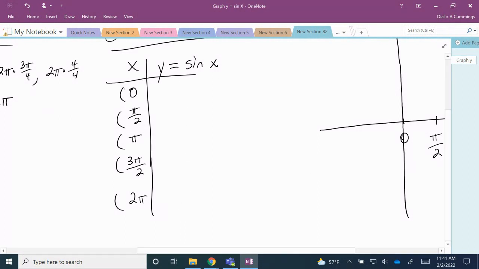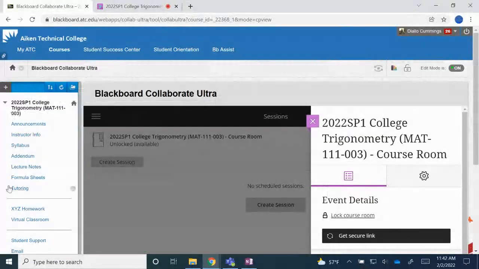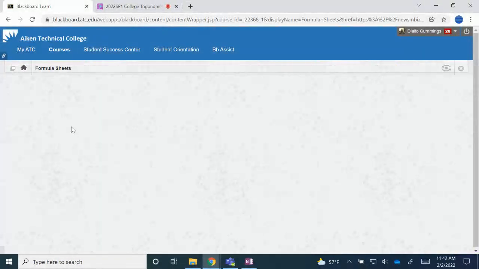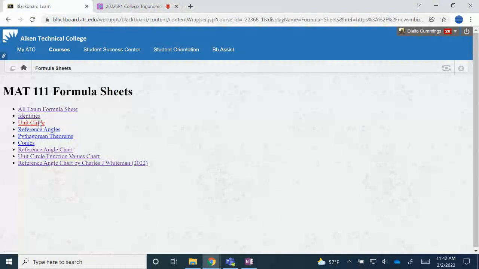If we look at our first ordered pair, or our first data point, when x is 0, in order to find the y coordinate, I'm going to substitute x with 0. So if we were to find the sine of 0, I can pull up the unit circle.